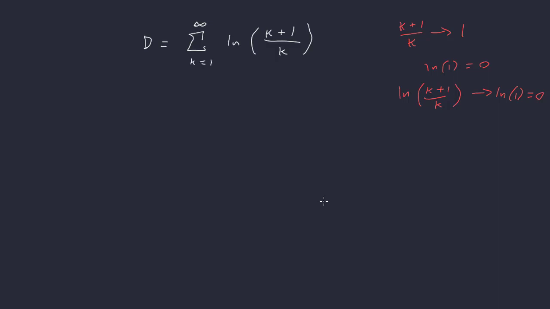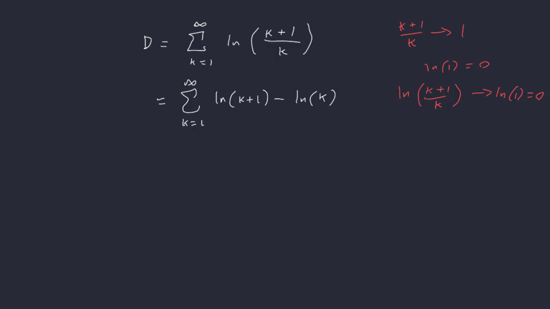We can actually analyze this, and the way we could do it is, as I was saying, a little simpler than the last one. We can just use the log rule where we have the natural log of k plus 1 minus the natural log of k. Here we're using the log rule that if we have division on the inside, we can split it up with subtraction.